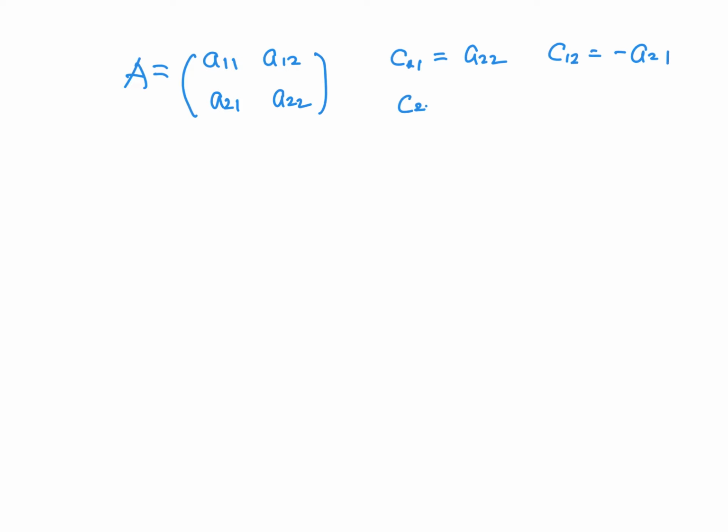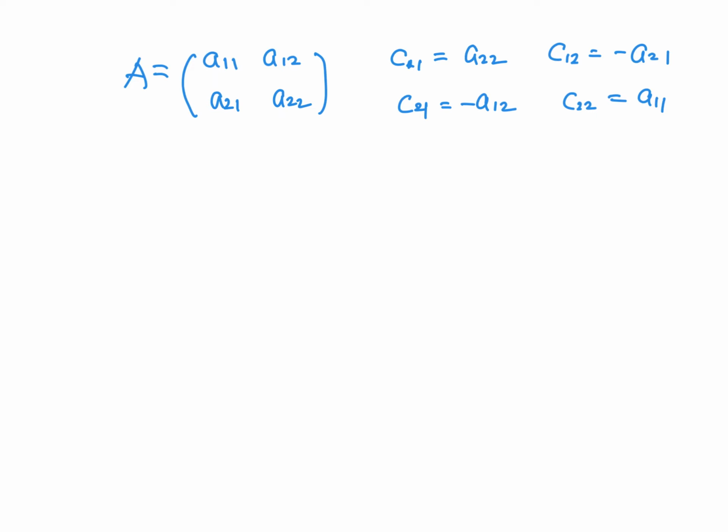Let's try with a 2 by 2. We have the cofactors: C11 is A22, C12 is minus A21, C21 is minus A12, C22 is A11.